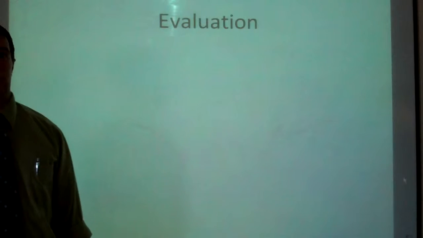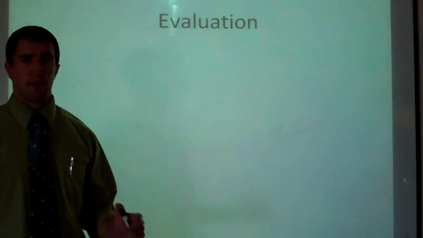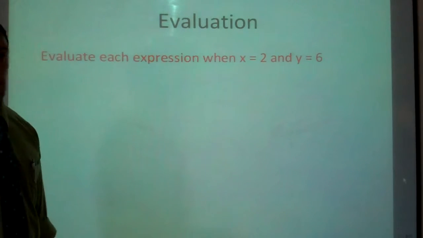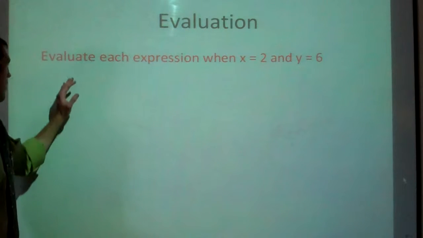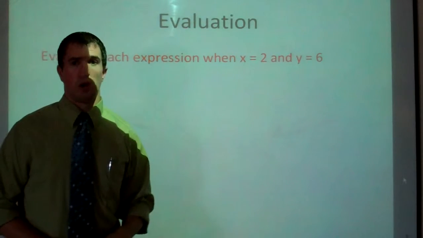And the last thing that we talked about today is something called evaluation. That's when we have some variables, but they are assigned numerical values. For instance, we're going to evaluate some expressions when x equals 2 and y equals 6.